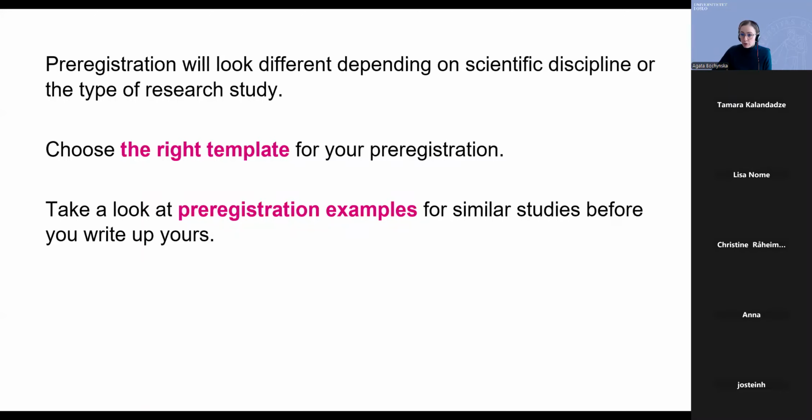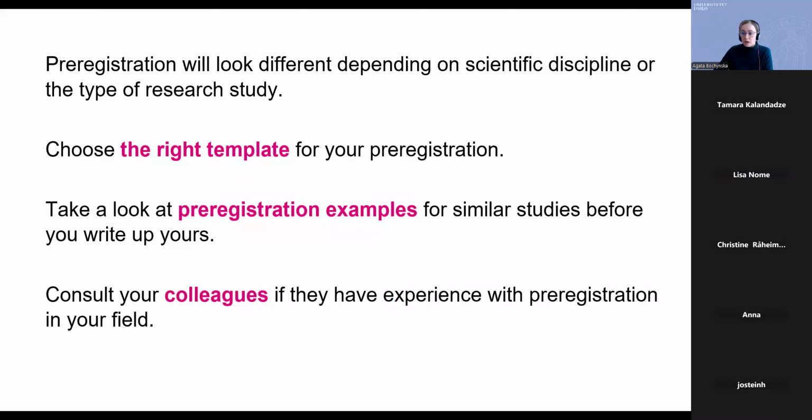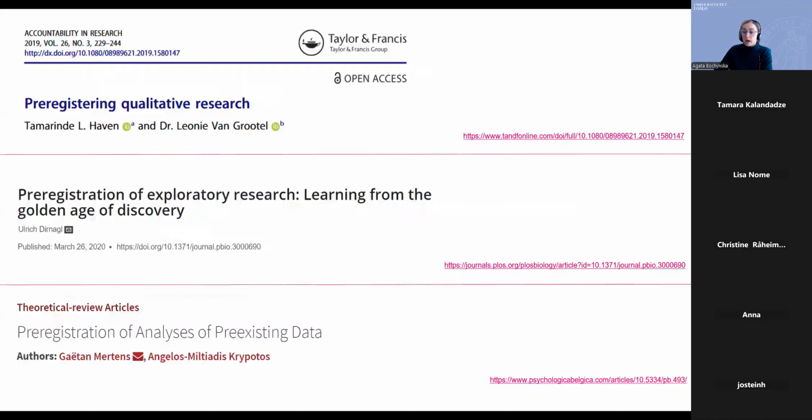This is why it's also important to always look at pre-registration examples for similar studies when you write up yours, and to consult your colleagues, if you have colleagues around you that are pre-registering or have pre-registered before. You can consult them on the types of templates that they have been using, or see examples of pre-registrations. There's also some guidance in the published articles out there.